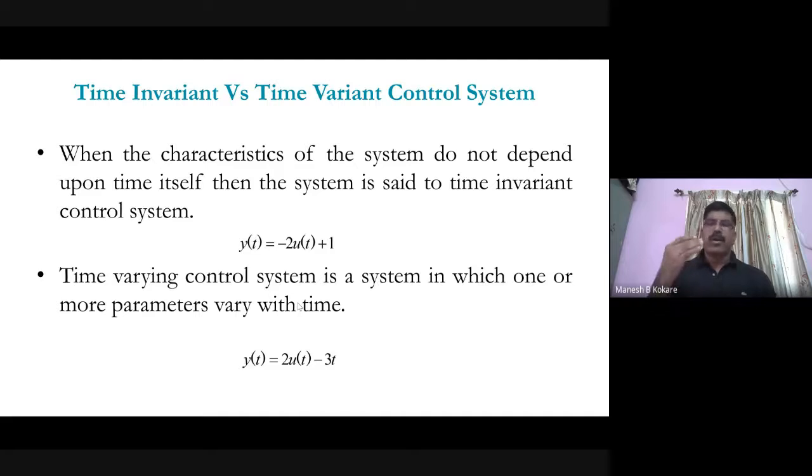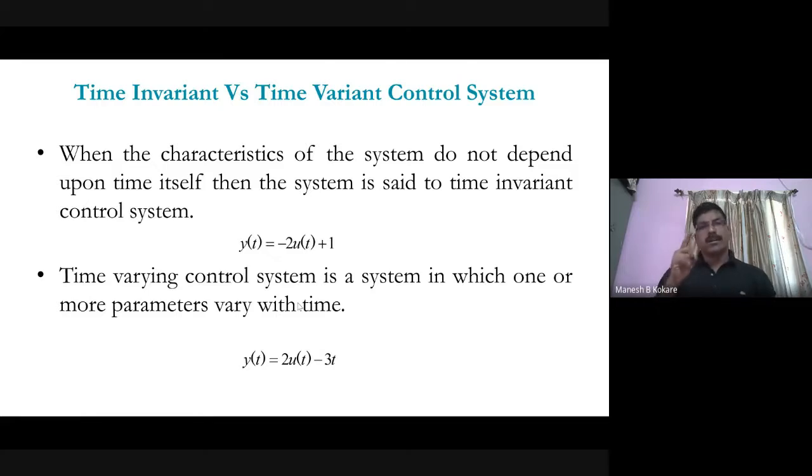It is expected that this voltage regulator will give an output of 10 volt and 2 ampere current. It's not like it will give 10 volt and 2 ampere at 10 a.m. or during daytime, and during night time it will change the output. At any instant of time, your output remains the same, so it does not vary with time. That control system is called a time invariant control system.